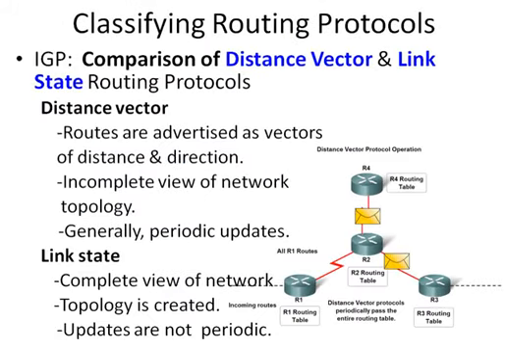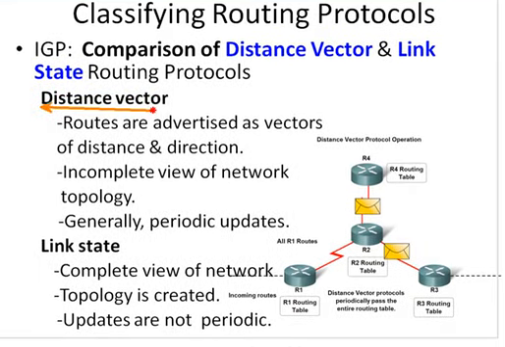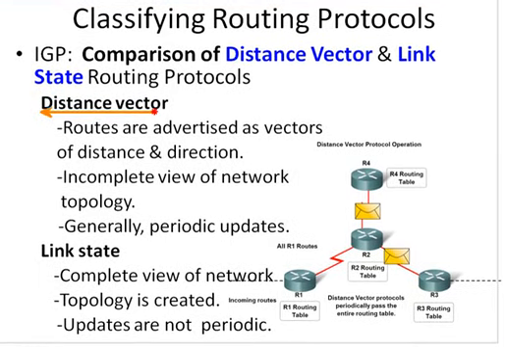If we talk about distance vector and link state protocols, in distance vector, routers are advertised as vectors of distance and direction.